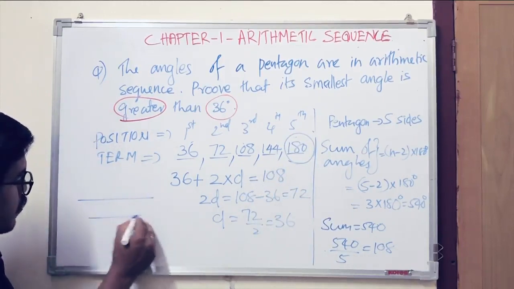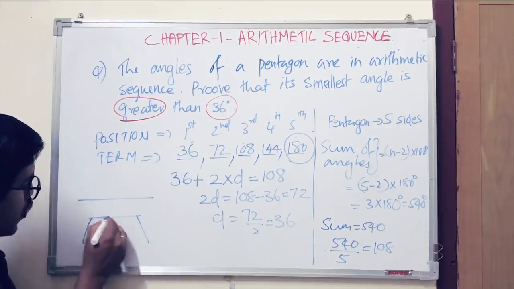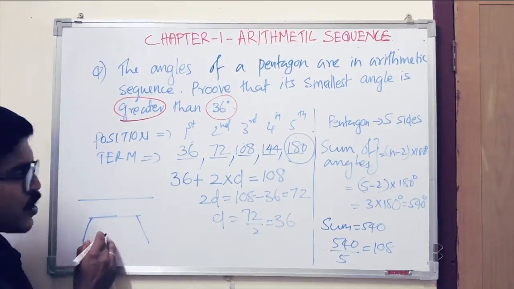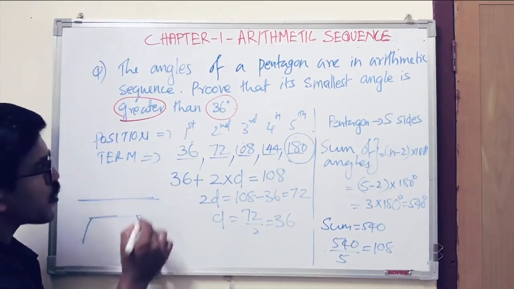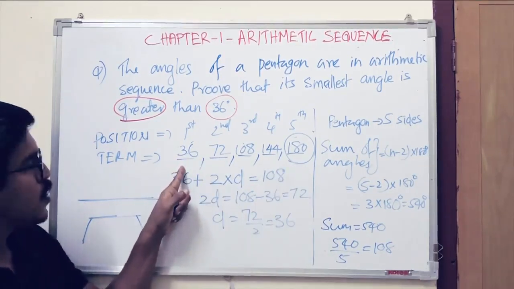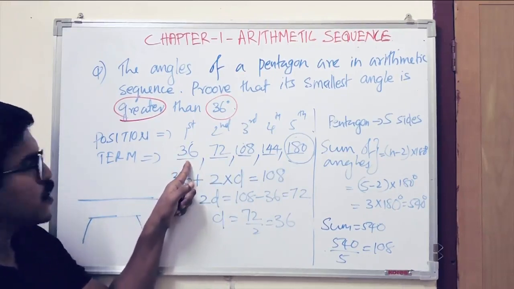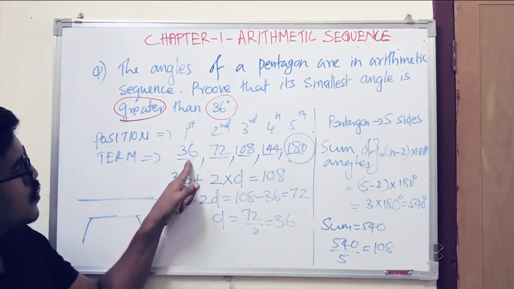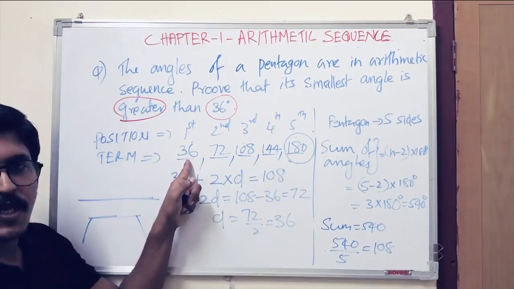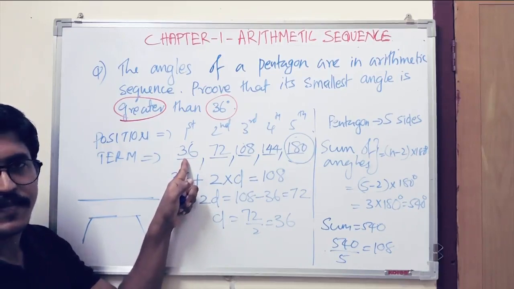Here the pentagon will be drawn like this, so we need to cut or join with another line. Here the straight line is forming only 180. So this condition is false. That is, the smallest angle will not be 36. It should be greater than 36.